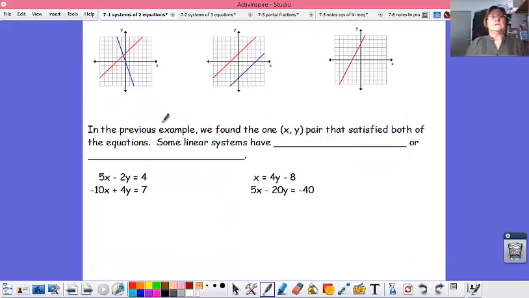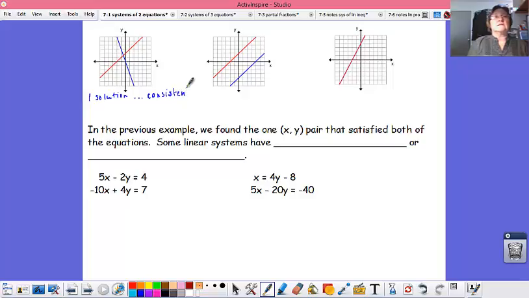I'd like us to do just a quick review of the possibilities that can occur when you're solving systems of two equations in two variables. A system like this, the one that we just solved, has one solution. Which makes it consistent. We're going to introduce some vocabulary here. Consistent means it has solutions.